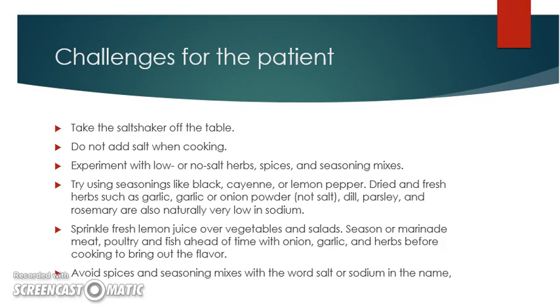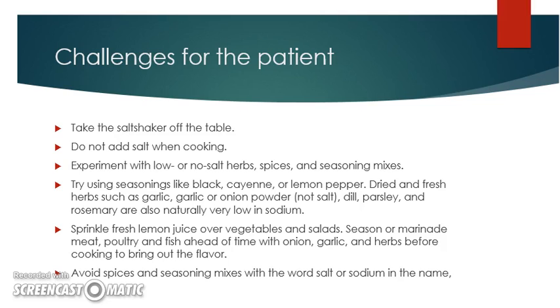And they have to experiment with low or no salt herbs, spices, and seasoning mixes. They may also use seasonings like black cayenne or lemon pepper, and dried and fresh herbs like garlic, onion powder, parsley, rosemary. All these are naturally low in sodium, so you can encourage them to use them for cooking.